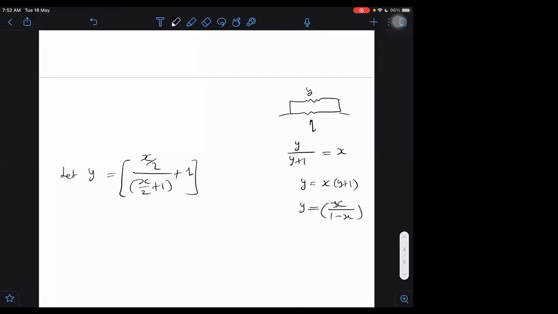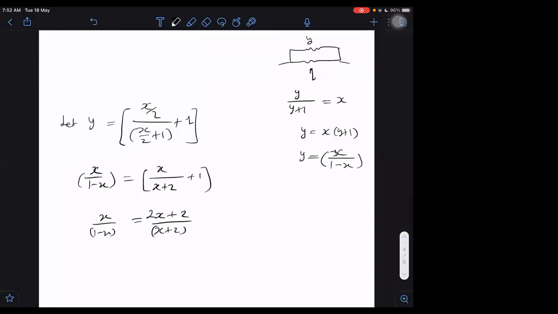So I will replace it here. x upon (1 minus x) is equal to (2x plus 2) by (x plus 2), which is x plus 2 plus 1, will become 2x plus 2 by x plus 2, into x upon 1 minus x.